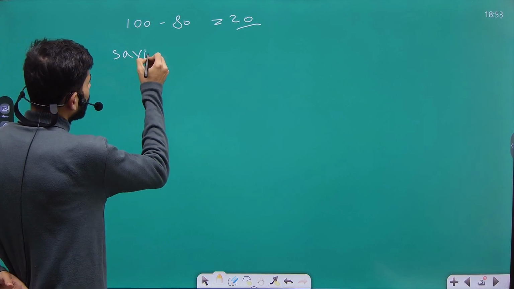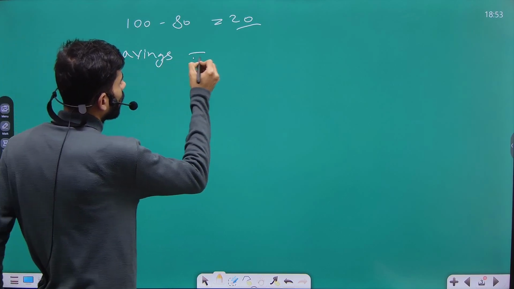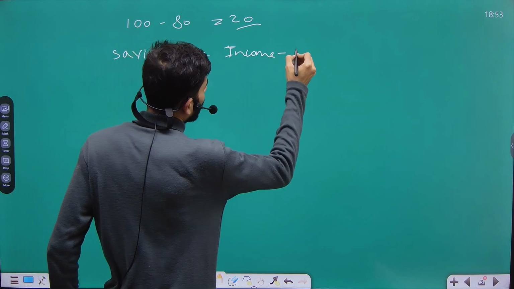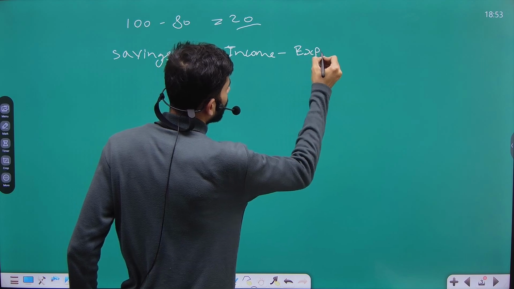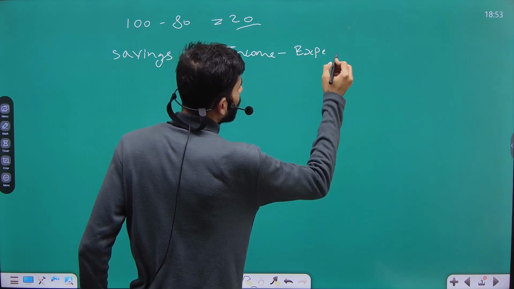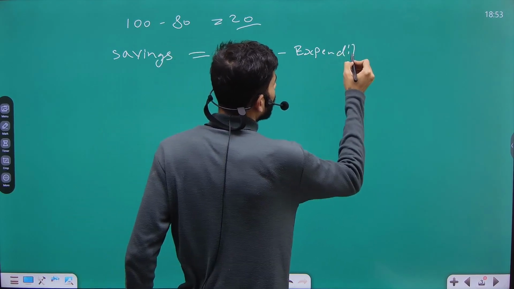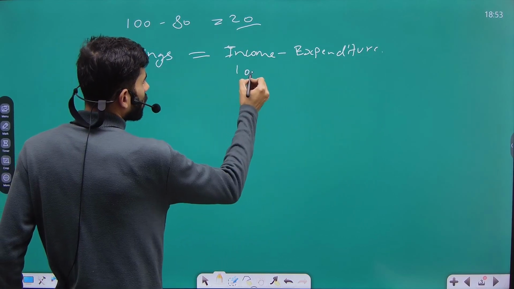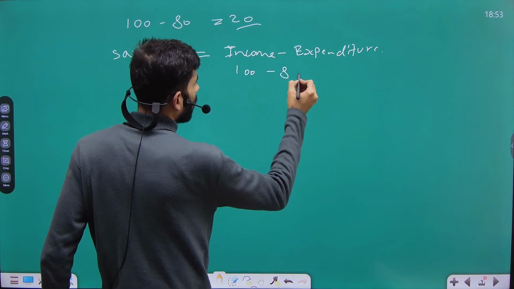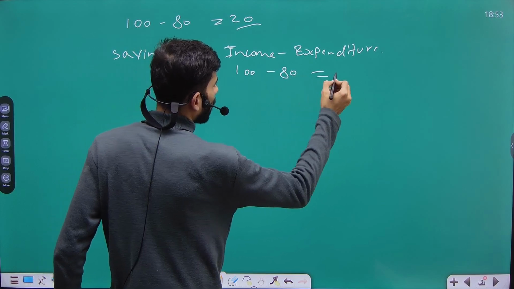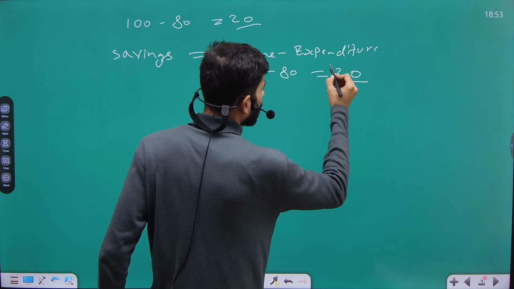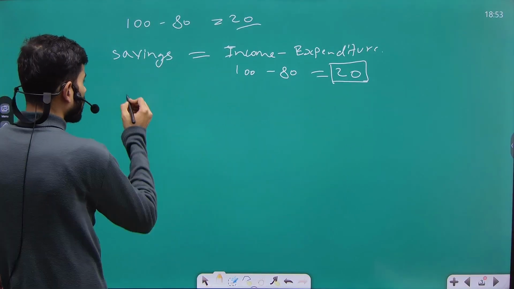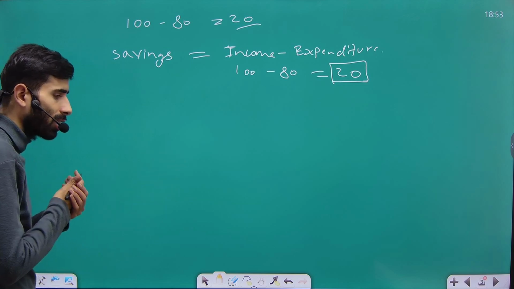First we will write down: savings is equal to income minus expenditure. In our example, income of a consumer was 100 rupees and expenditure 80 rupees, and the remaining surplus amount, 20 rupees, can be termed as savings. So again, these savings can be divided into two parts, government saving and private saving.